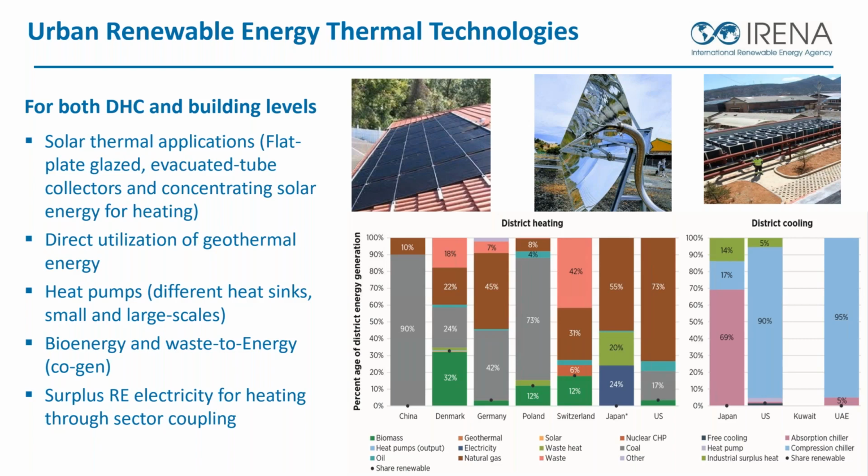Bioenergy and waste to energy are also very important. These are conventional renewable technologies used in cities. This is urban wood waste and also municipal solid waste, using mass burning, or incineration as we call it, to generate heat, which can be used for electricity and also district heating.